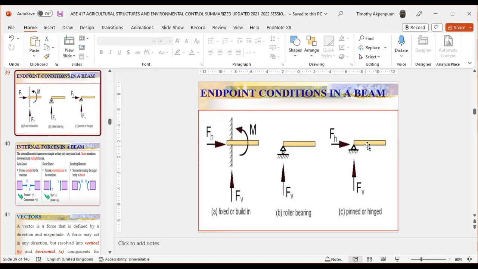The beam will extend beyond figure C. So if you have that kind of beam, what do you call it? An overhanging beam. That is, it extends beyond a support.